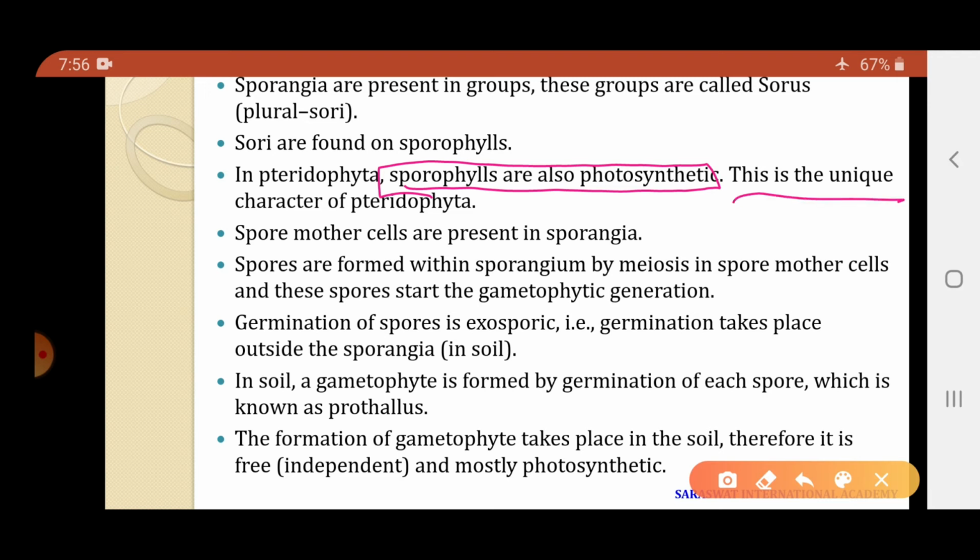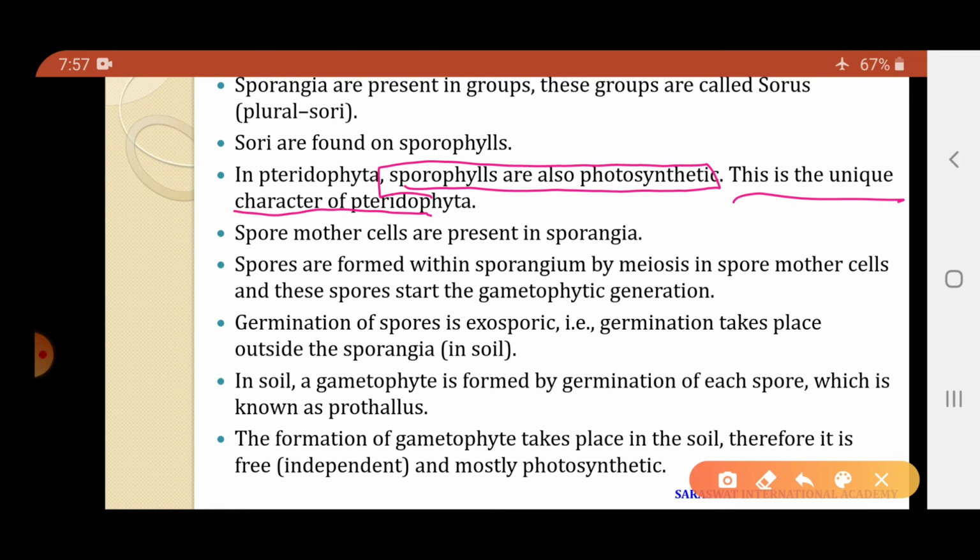And this is an unique feature of the pteridophytes. बाकी सब में आप यही देखोगे कि सिर्फ ट्रोपोफिल्स जो है वो फोटोसिंथेटिक है. But in the pteridophytes the sporophylls वो लीफ है कि जिसके ऊपर स्पोरेंजिया है, ये लीव्स भी फोटोसिंथेसिस का काम करते हैं. And this is a unique property of the pteridophytes.